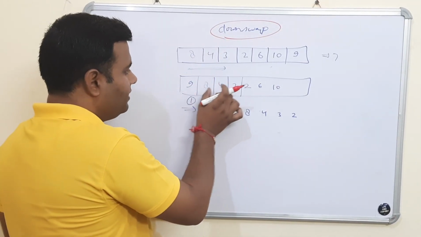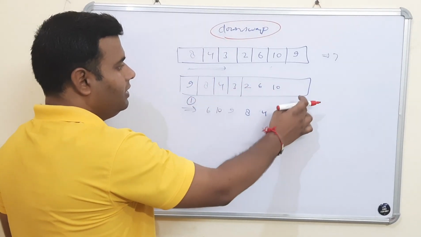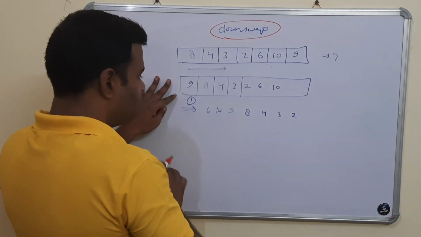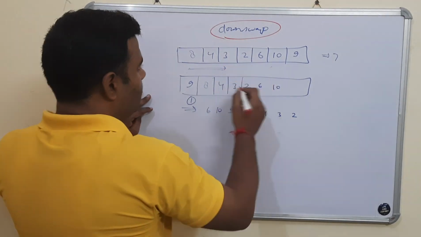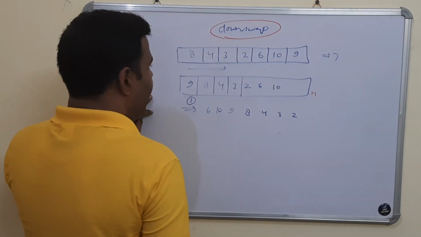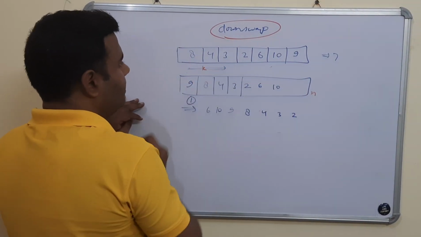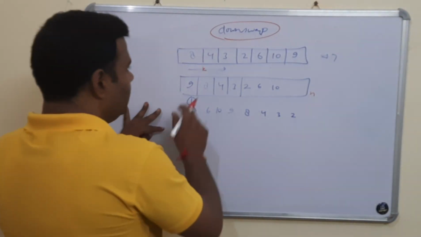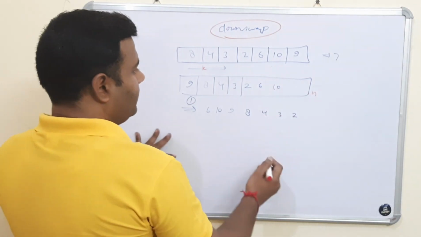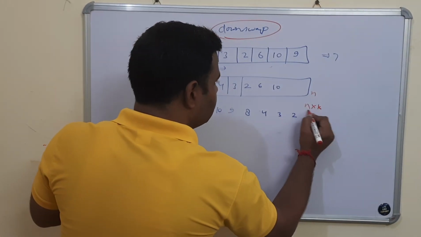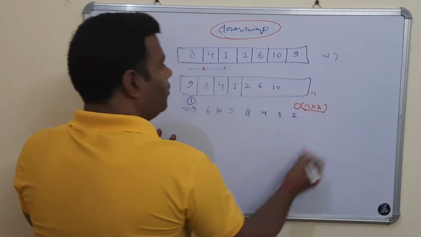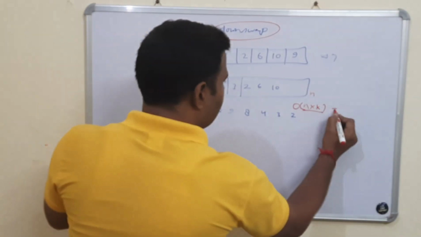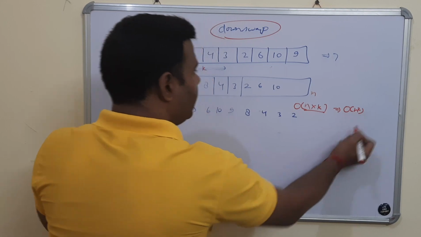If your array is of size n and you have to shift by k positions, you have to run a loop k times over n elements. So your complexity will be O(n k), basically a quadratic complexity.